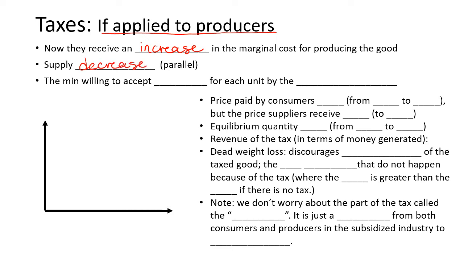Remember, that is an inward shift. This is another way of saying that the minimum that someone is willing to accept is going down for each unit by the amount of the tax. That's just another way of saying it.